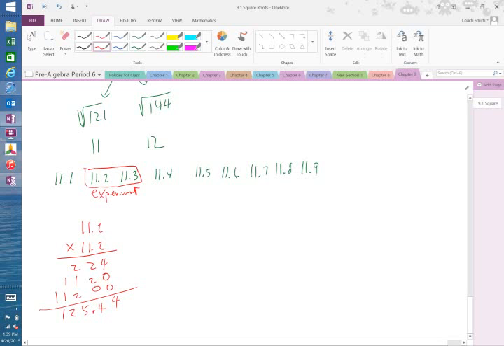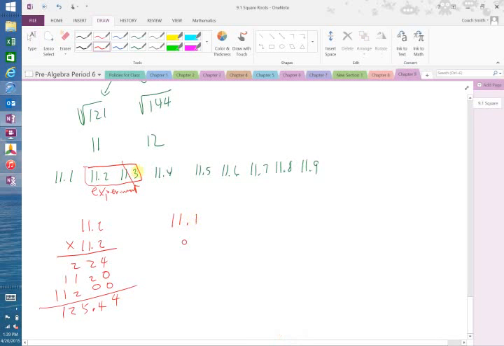So is that over or is that less? It's over, right? So it could be this, but we know now that it won't be 11.3. We can mark that one out because 11.2 was too much. So let's try 11.1. That would be 1, 1, 1. That would be 1, 2, 3, 2, 1.